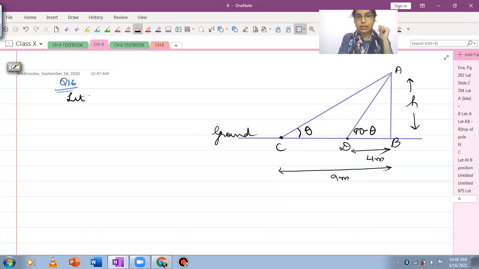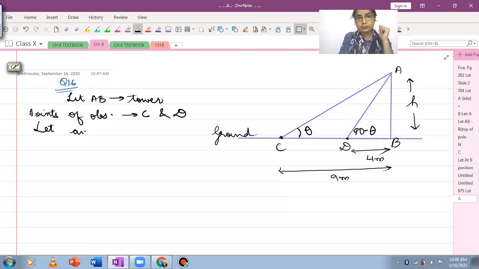So you can just write down that let AB be the tower. Points of observation are C and D. Let angles of elevation be theta and 90 minus theta, respectively.